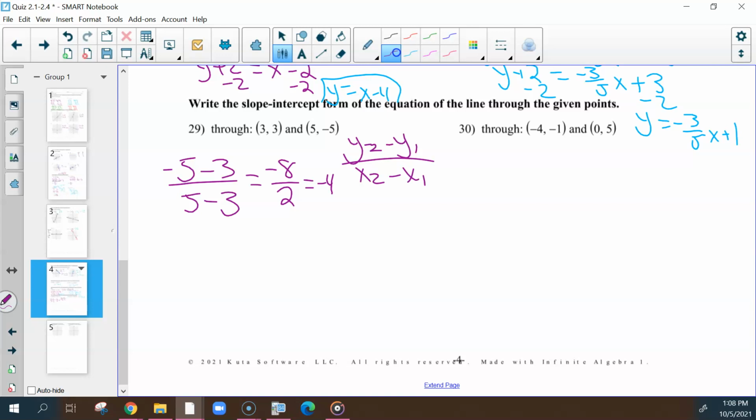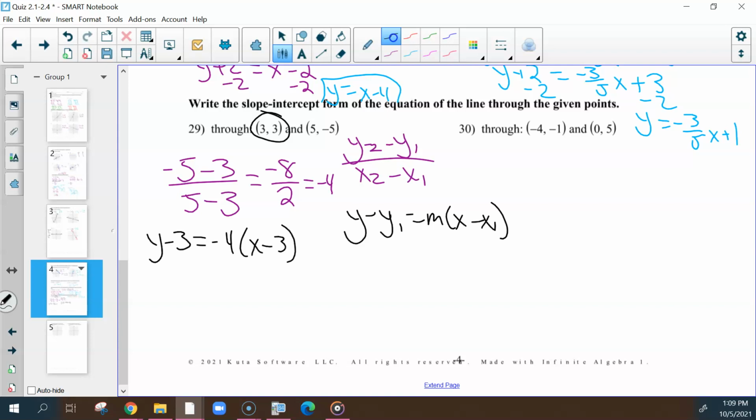Take either of those points to put back into your point-slope formula. A lot of you that did this chose this point, so we're going to do that one. So y minus 3 equals negative 4 times x minus 3.